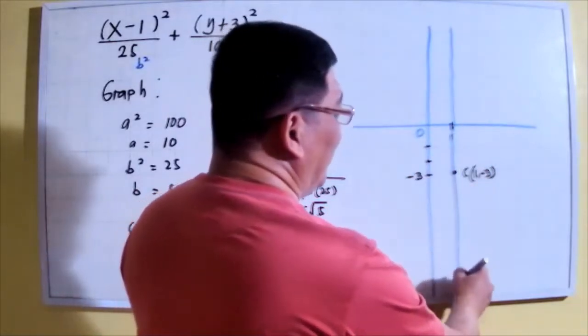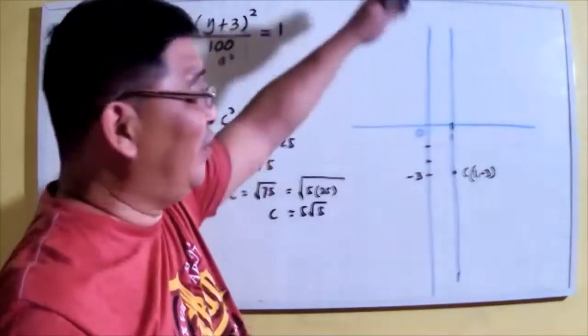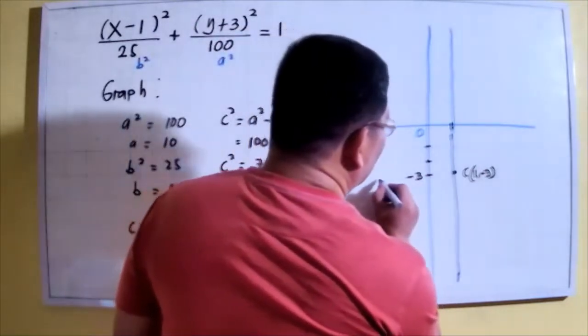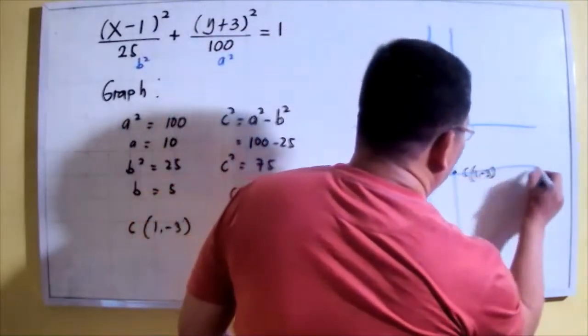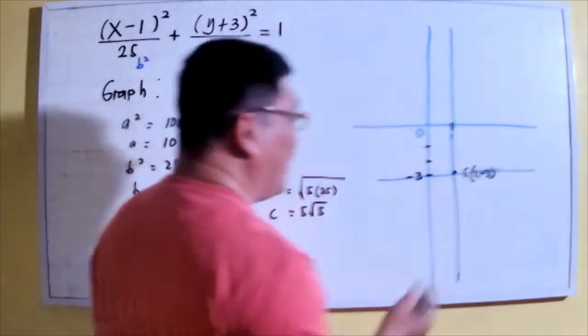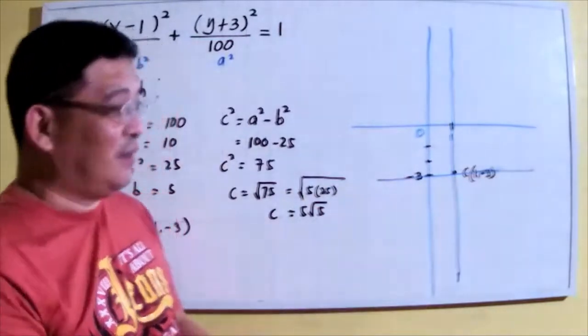At the same time, later on, mag-intersect din dyan yung foci and vertices. Lagay ko na rin yung line of minor axis na pwedeng mag-lie dito, yung co-vertices.